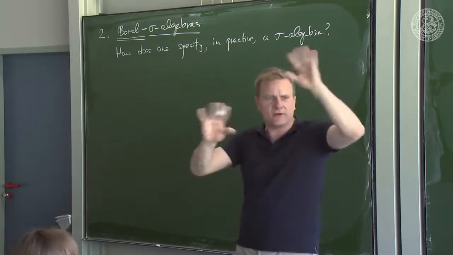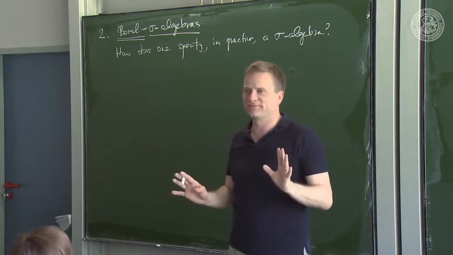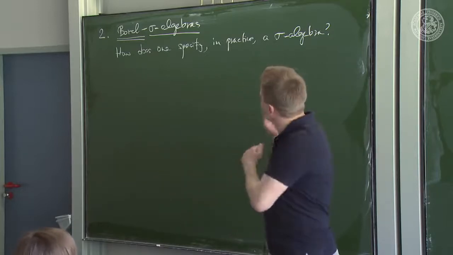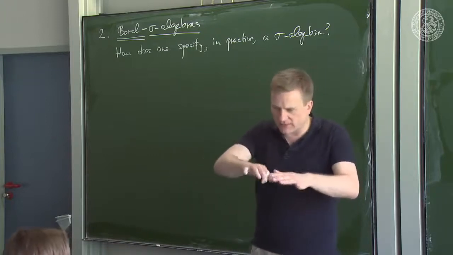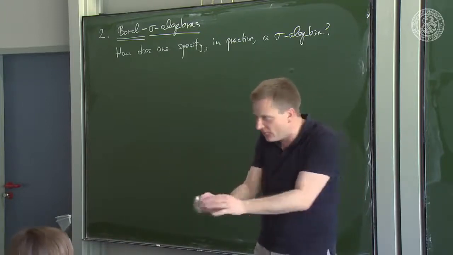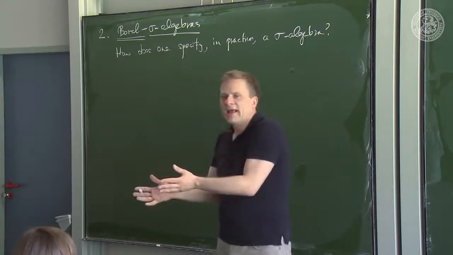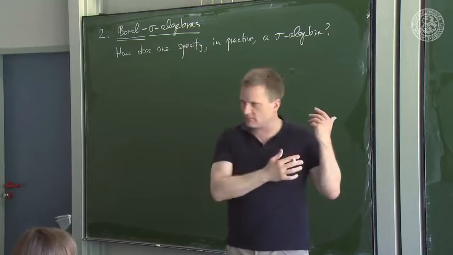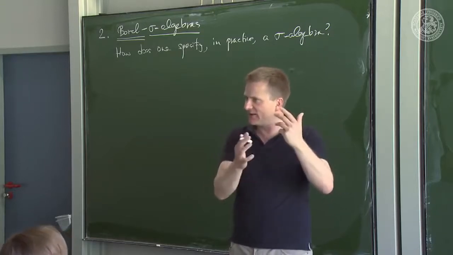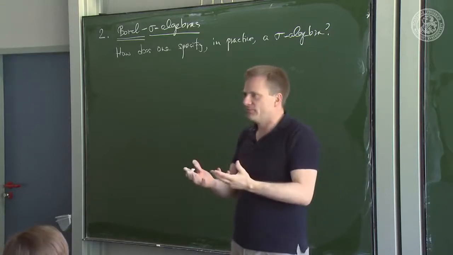And with sigma algebras, it's the same. Of course, we have an intuitive notion that there's a subset and it's measurable, it has a volume. But there are very strange sets, or collections of such sets, and that's the point, that are measurable.